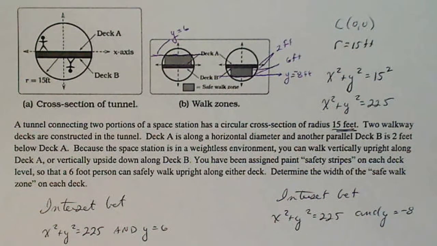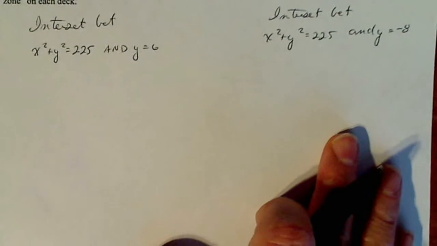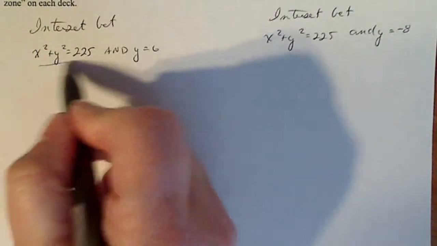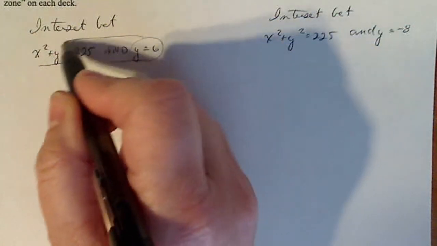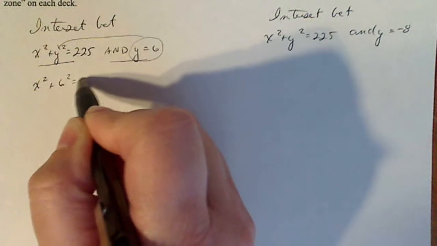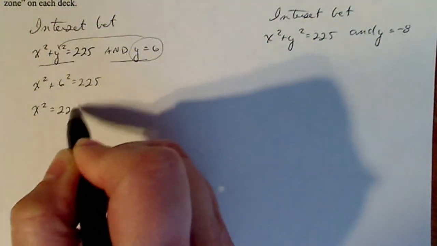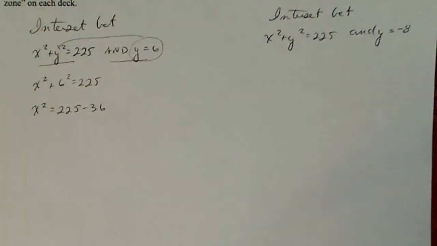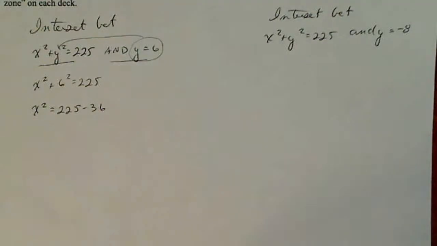All right, now I'm going to scroll this down a little bit so that we can use the space. For the intersection between these two graphs, I'm going to substitute y equals 6 in for y. That gives me x squared plus 6 squared equals 225. x squared equals 225 minus 36, which gives me 189.